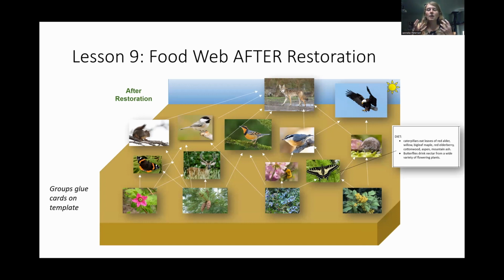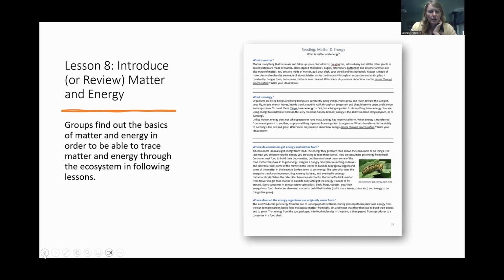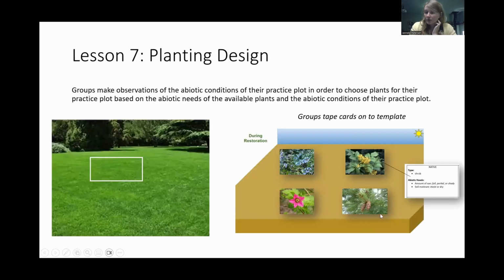But here's the meat. So each group creates a food web model in their practice plot after restoration. So you can see here, I'm going to go back here for a minute. You can see that they've taken these 4 plants that were in their during restoration, right? They chose these 4 plants for their practice plot and they taped them on here in their during restoration template.